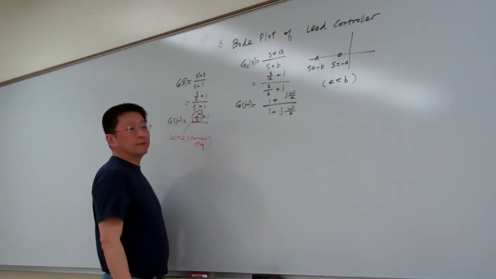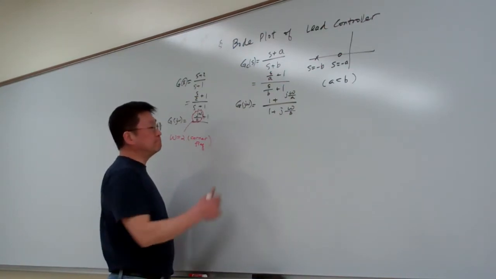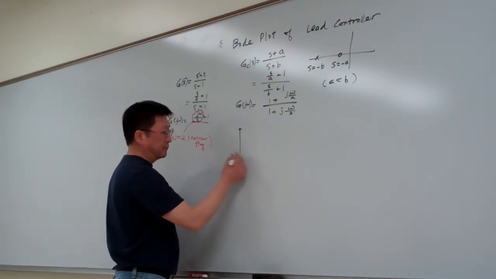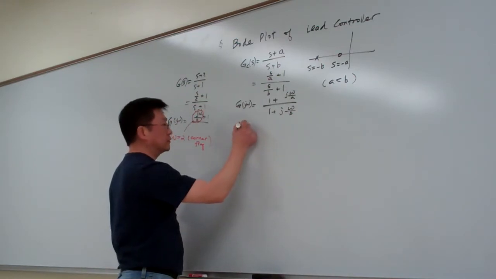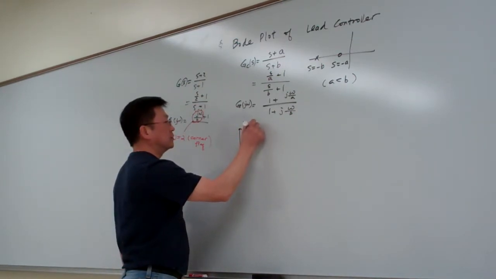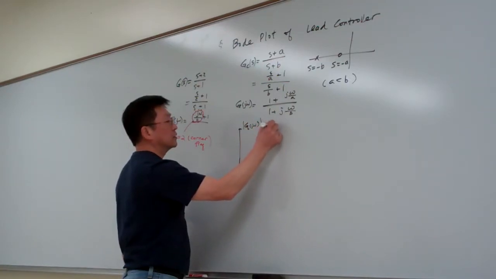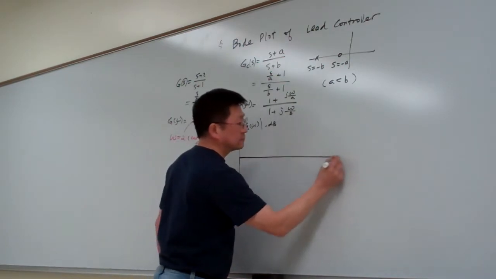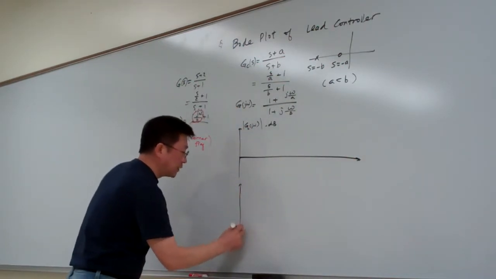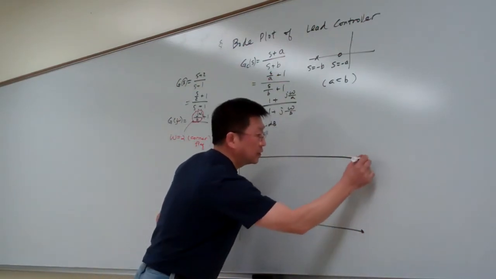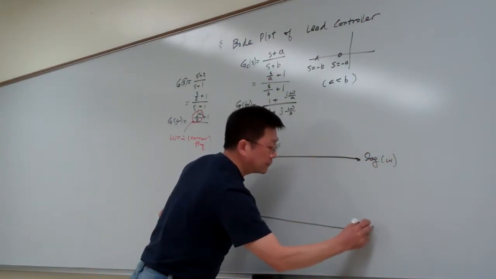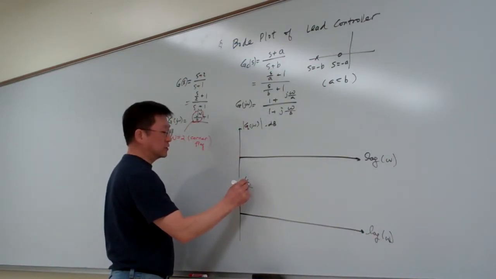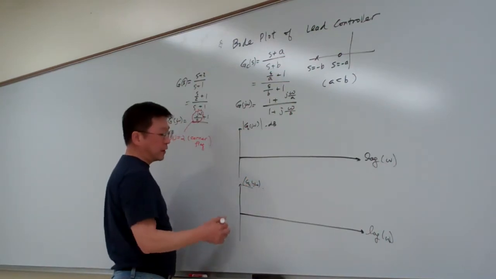Then we can try this. Okay, so this is G, J omega, in dB. And this one is log omega. And this one is the angle of GC, J omega, in degrees.